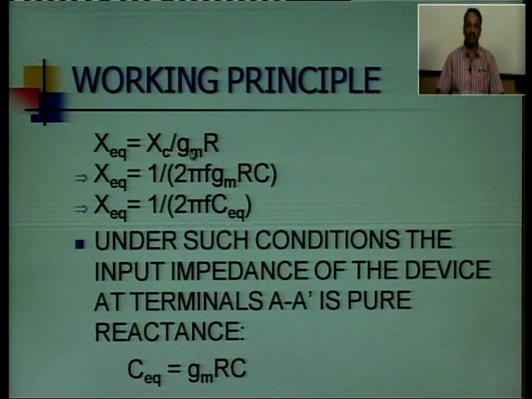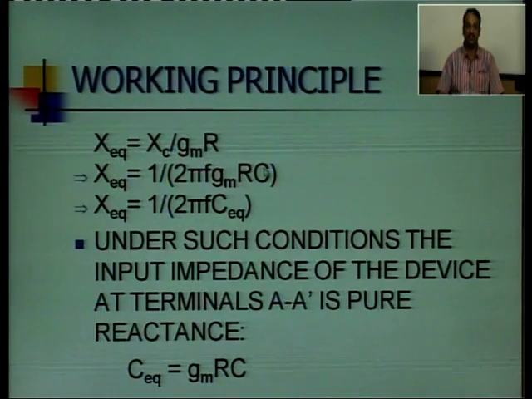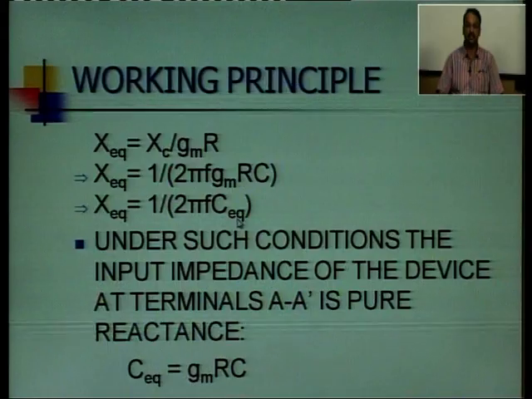Because X equivalent is XC upon Gm into R, and XC is equal to 1 upon 2 pi f C, it becomes 1 upon 2 pi f Gm into RC. This Gm into RC is written as C equivalent.